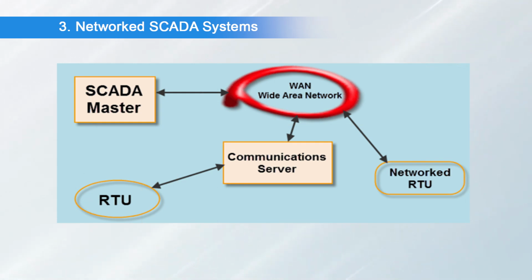So, now the third architecture comes, which is called the third generation SCADA architecture, known as the network SCADA system. The current SCADA systems are generally networked and communicate using a wide area network over data lines or a phone system. These systems use Ethernet or fiber optic connections for transmitting the data between the nodes frequently.